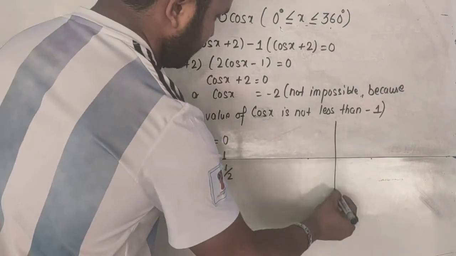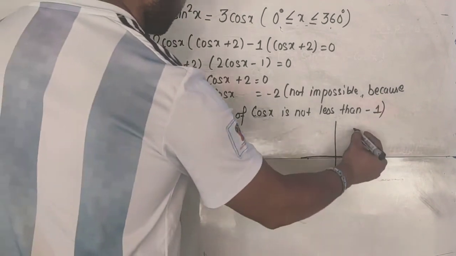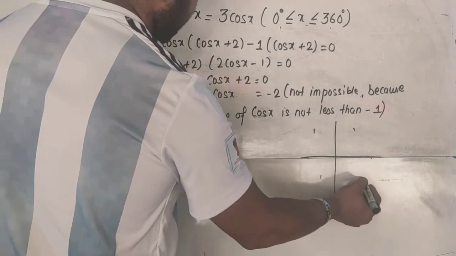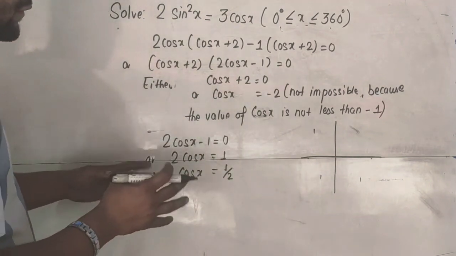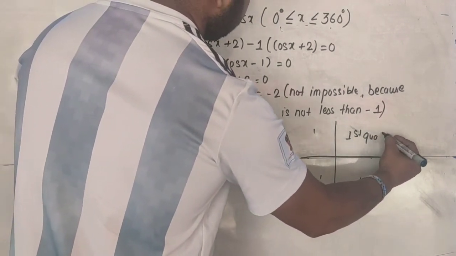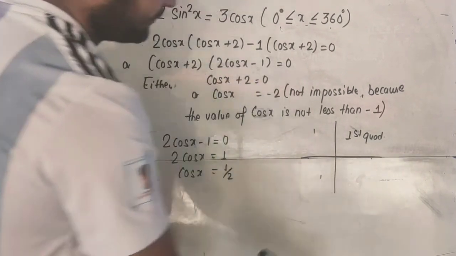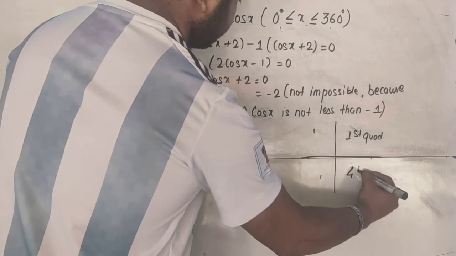Now in a graph, there is the first quadrant, second quadrant, third quadrant, and fourth quadrant. The value of cos is positive in the first quadrant, and then the value of cos is positive in the fourth quadrant.